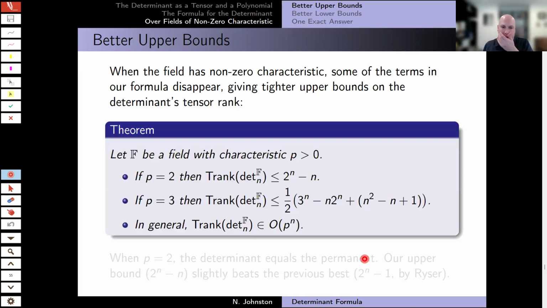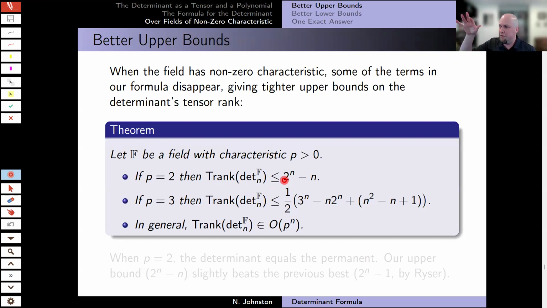If you're working over fields with non-zero characteristic, some really nice stuff happens. For example, if you're working over a field of characteristic 2, then your tensor rank is not just less than or equal to the nth Bell number, you get an actual tighter bound. The Bell numbers grow exponentially quickly, but they actually grow more quickly than that.